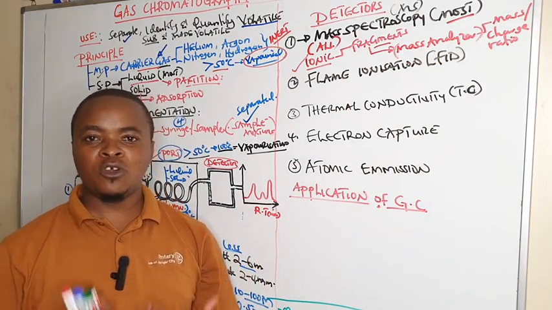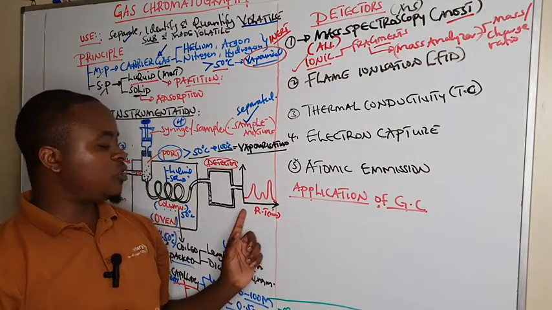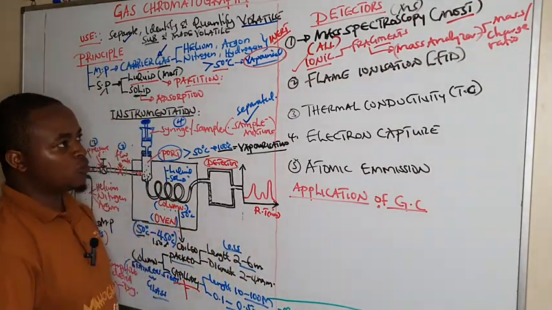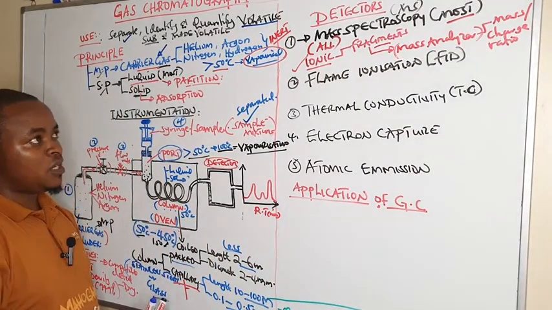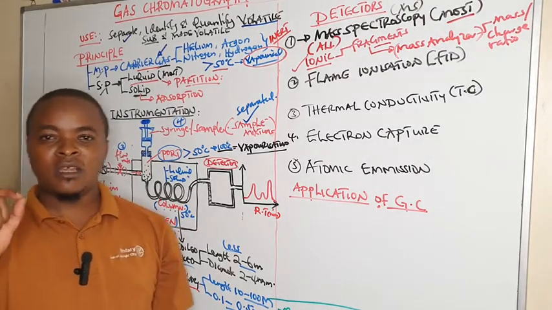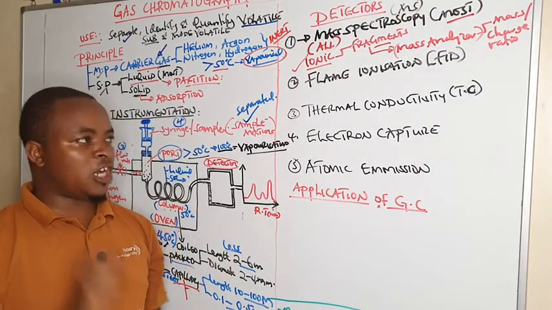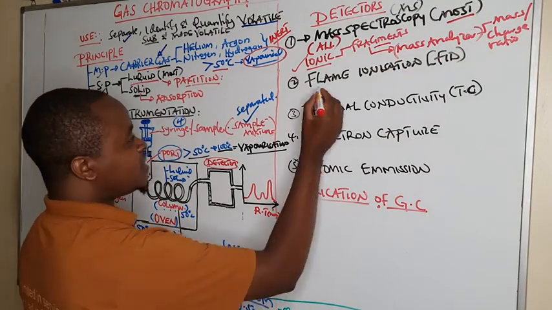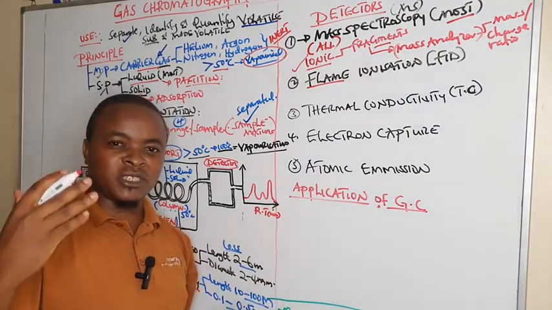And we are able to quantify by looking at the area of the graph produced. That is mass spectroscopy, for all types of samples, and it is the most commonly used, the most stable and accurate.